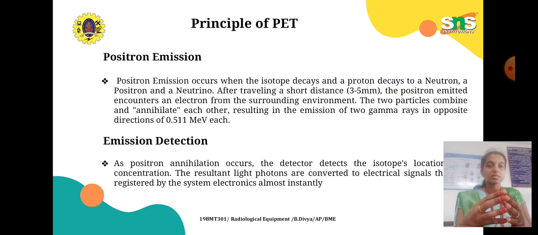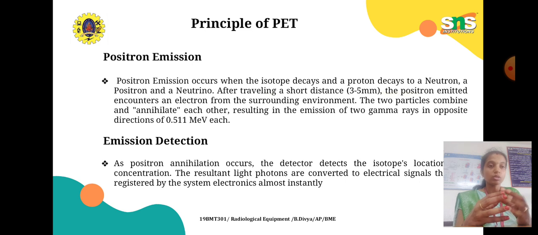The two particles combine and annihilate each other, resulting in the emission of two gamma rays in opposite directions.